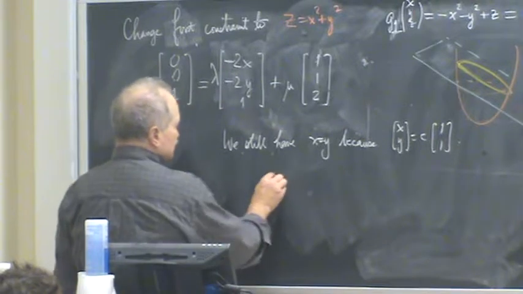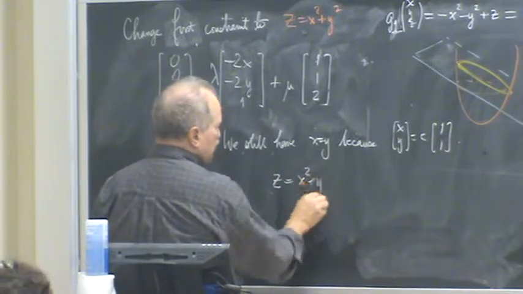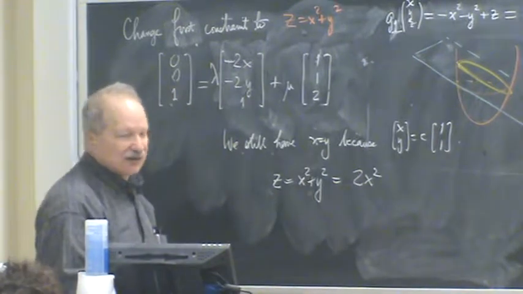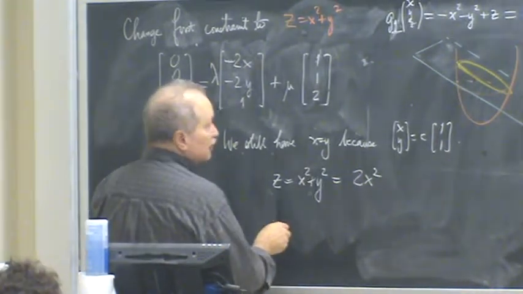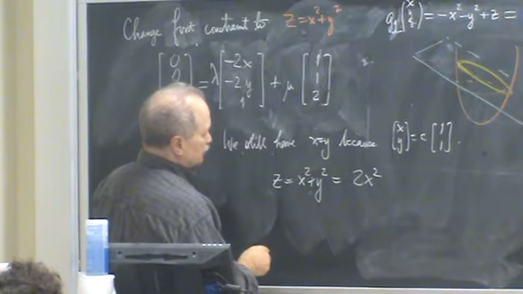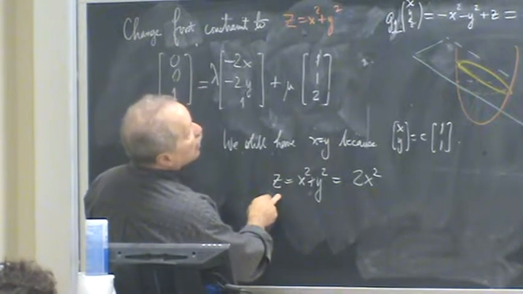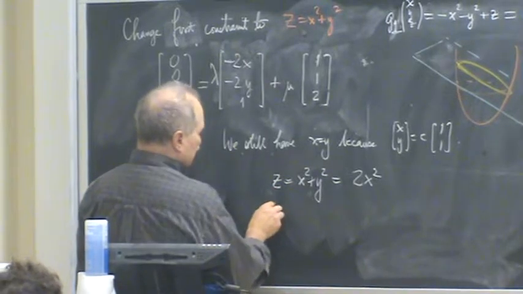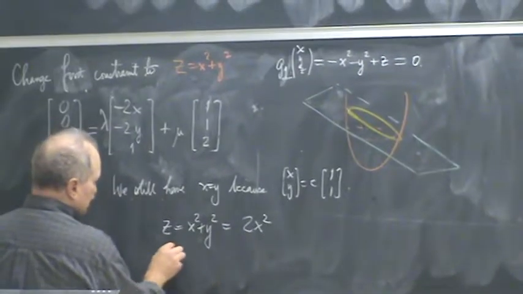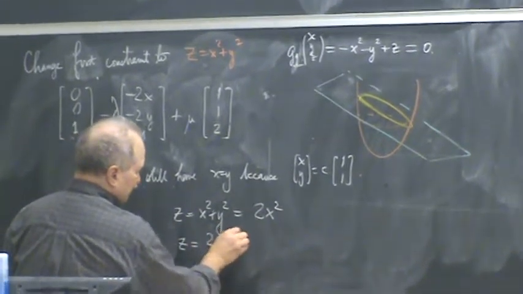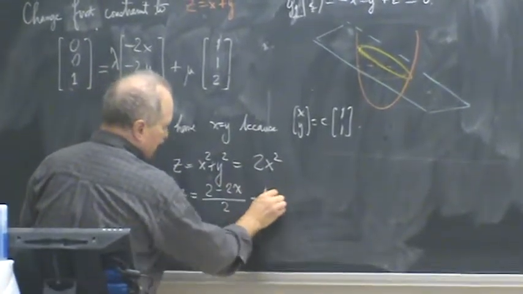So you have z on one hand is x squared plus y squared, which becomes 2x squared, as Matthias just said. We also know that y squared is x squared. And you also know the linear equation, which said x plus y plus 2z is 2.